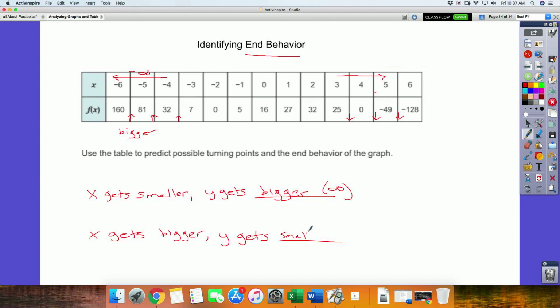So we say as x gets bigger, the y gets smaller. So that's -infinity. So end behavior really means we just look at the ends, and as x gets smaller, are my values going up or are they going down? Up means positive infinity, smaller means -infinity.